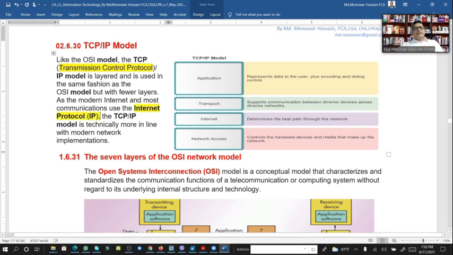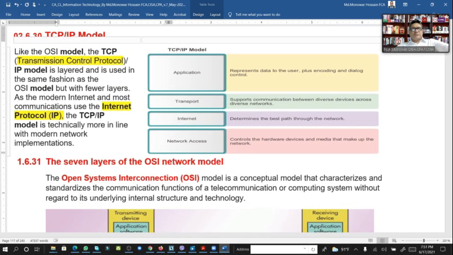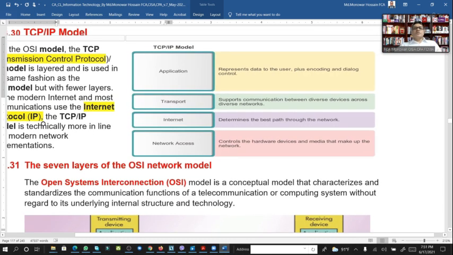It is layered and used in the same fashion as the OSI model, but with fewer layers. As the modern internet and most communication use the IP model, it is technically more in line with modern networks. So, the TCP/IP model.